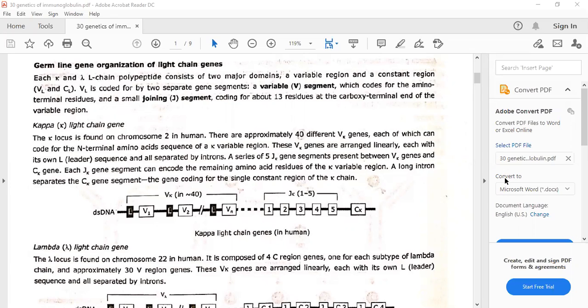The constant region is fixed in each antibody. The variation is found in the variable region. So that variable region will decide which kind of antibody will be there for the identification of the antigen.